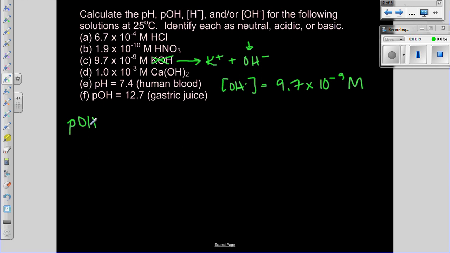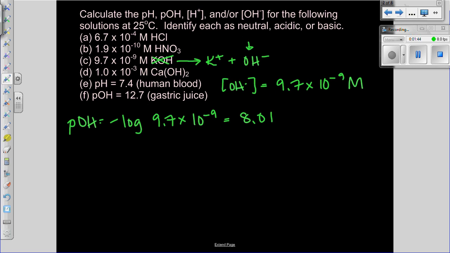I am going to start with pOH. So I will do negative log of 9.7 times 10 to the negative 9th. And when I do that, I get 8.01.